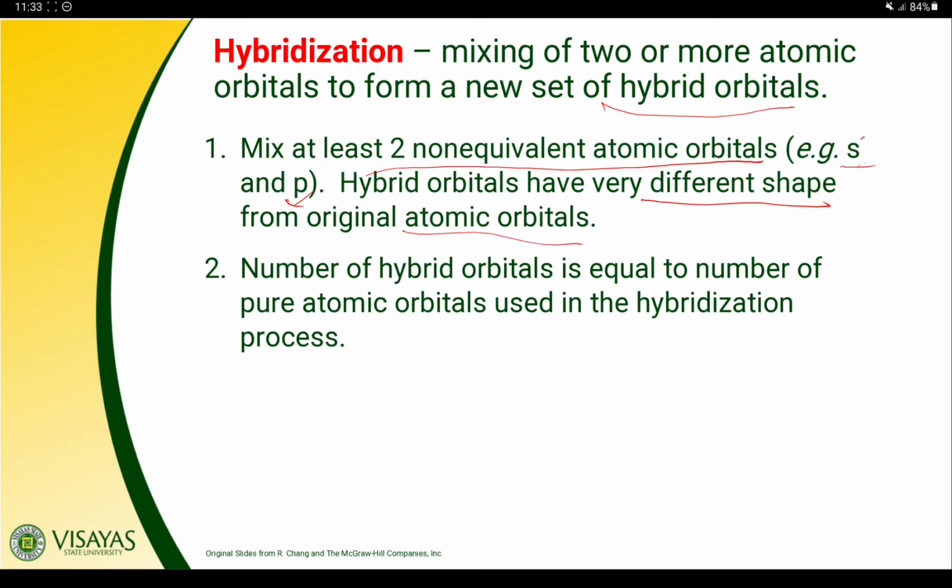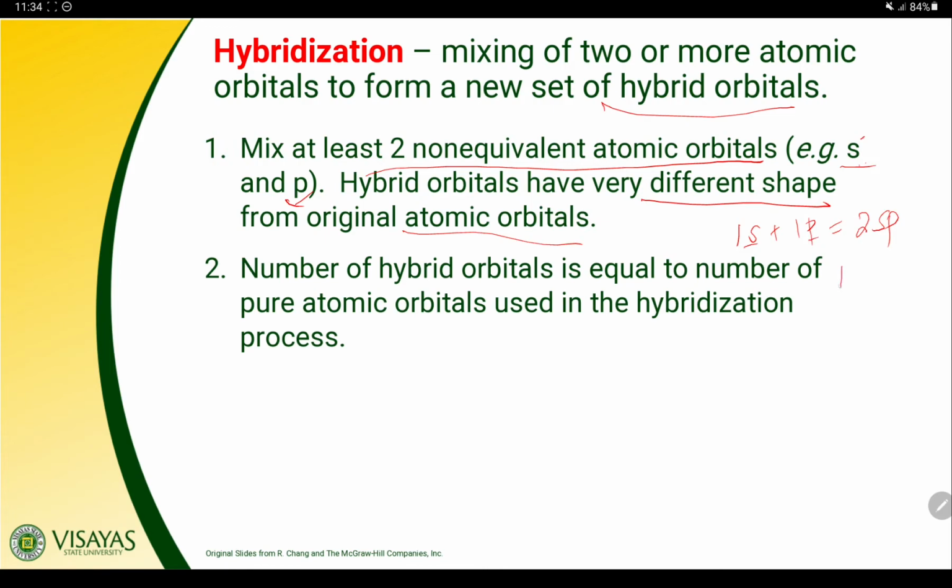The number of hybrid orbitals is equal to the number of pure atomic orbitals used in the hybridization process. For example, if you have one s and one p mixed, the number of hybrid orbitals formed would be 2, sp, because of 1s and 1p.